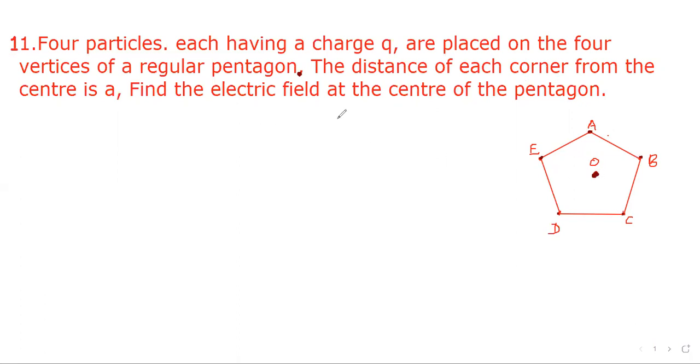So, here at center O, the electric field will be equivalent to the field due to the single charge at E. So it will be Q upon 4 pi epsilon naught a square, and its direction will be along EO.